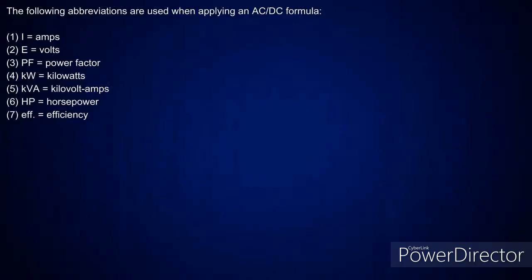Now, the first thing that's going to happen, we're just going to look at applying some AC/DC formulas. I'm going to go through all the different formulas with an example problem. Then I'm going to go to the next one, which is an exercise page, and I'm going to let it sit up there for about 15 seconds.